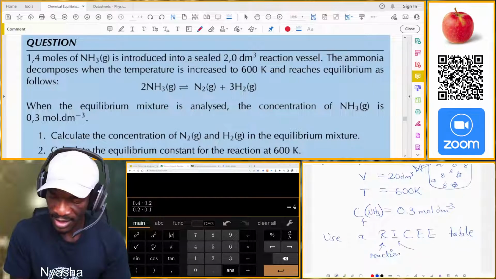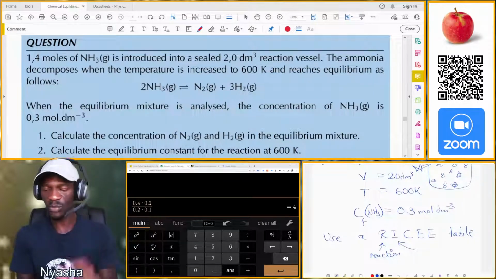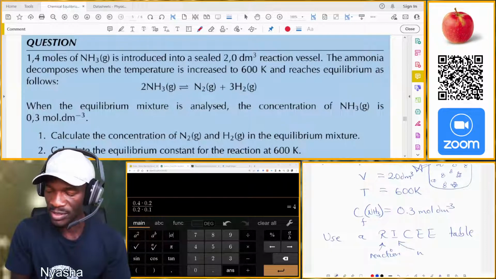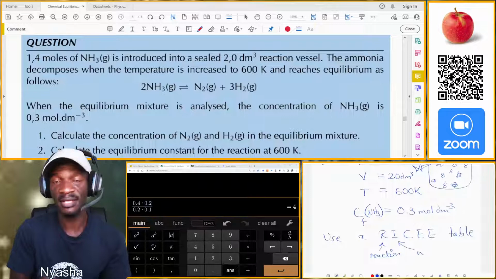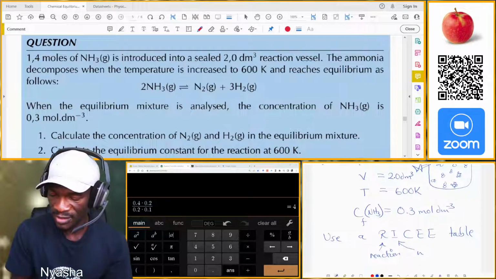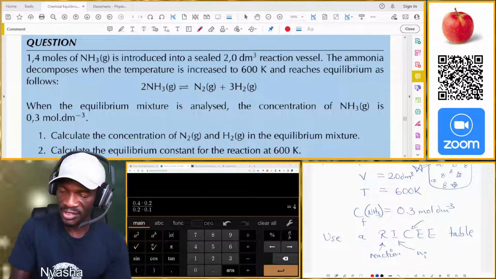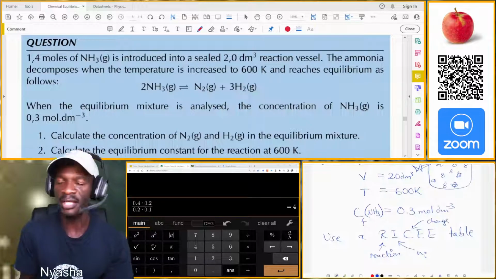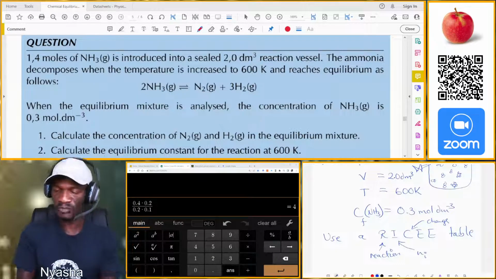Then you look at the initial number of moles of the participants at the start of the reaction. Then the change in the number of moles according to the stoichiometric equivalence.